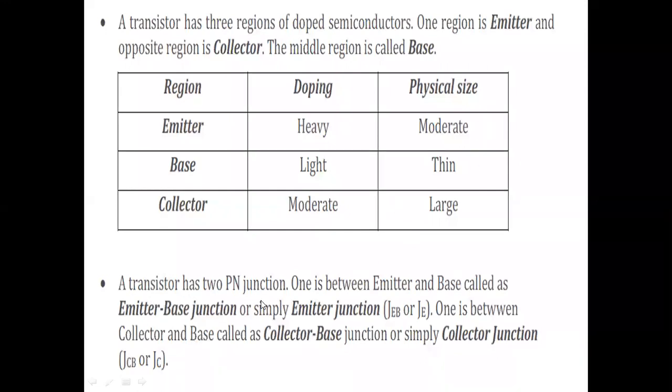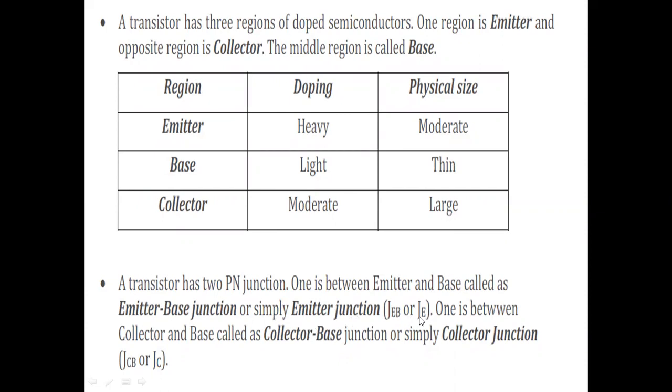A transistor has two PN junctions. One between the emitter and base is called the emitter base junction, JEB or JE.